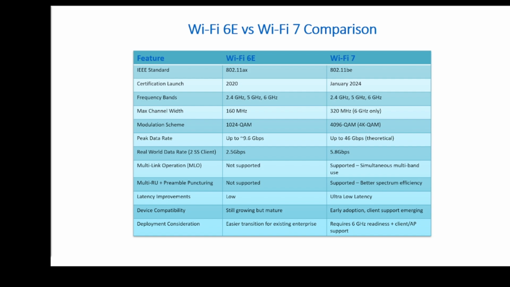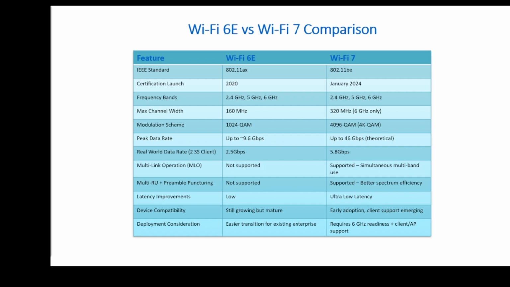For modulation scheme, Wi-Fi 6E has 1K QAM, whereas Wi-Fi 7 has a 4K QAM modulation scheme. And this results in a peak theoretical data rate of up to 9.6 gigabits per second for Wi-Fi 6E and a whopping 46 gigabits per second theoretical data rate for Wi-Fi 7.